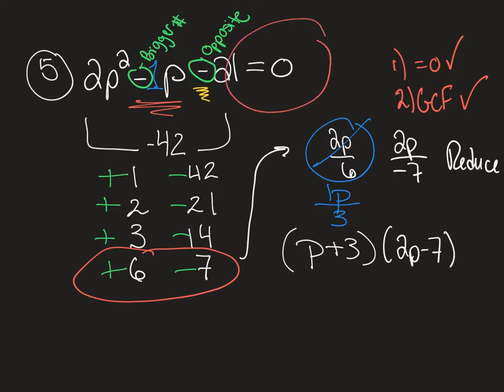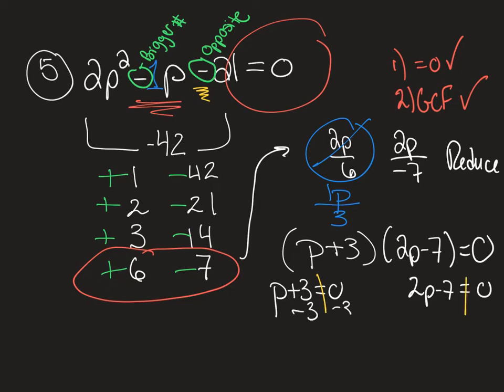Don't forget about the equals 0 part. Equals 0. And so then we take each piece. P plus 3 equals 0. 2p minus 7 equals 0. Draw our little line so we can solve. -3, -3. So one of my solutions is p equals -3.